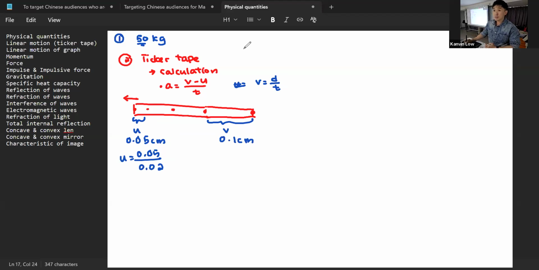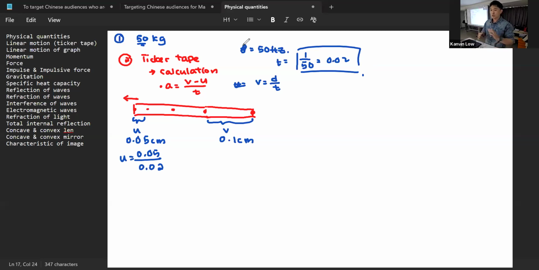It depends on the frequency that is given to you. If the frequency is 50 hertz, then the time is 1 over 50, which equals 0.02. If the question did not mention anything about it, the time interval is definitely 0.02. But sometimes it will be different.